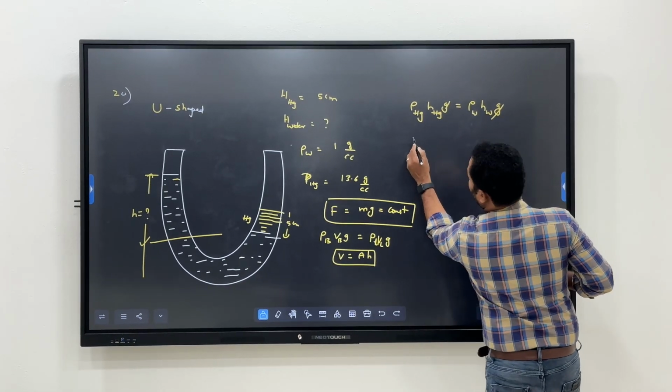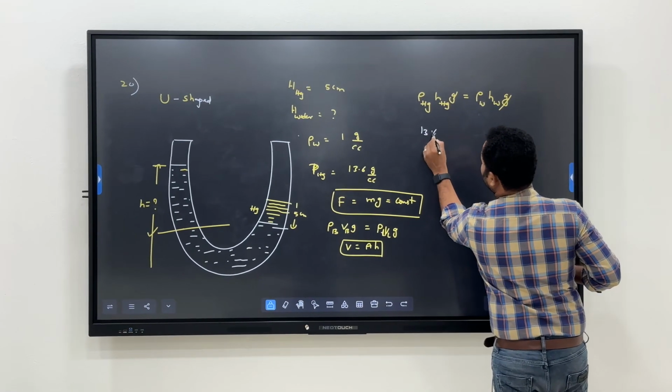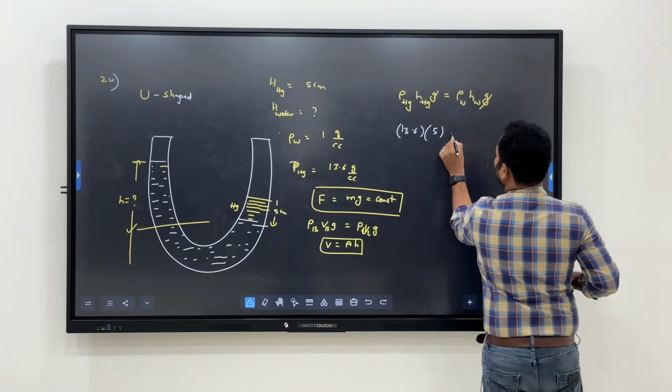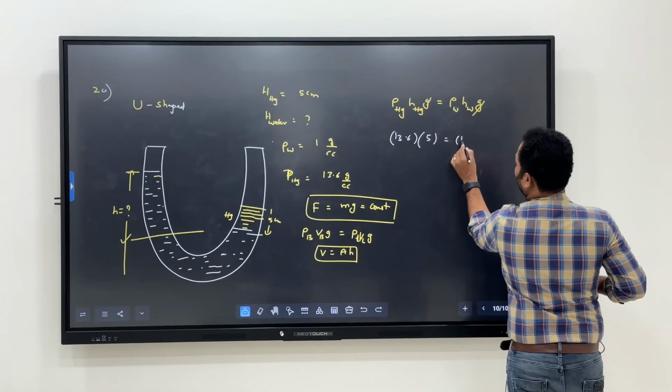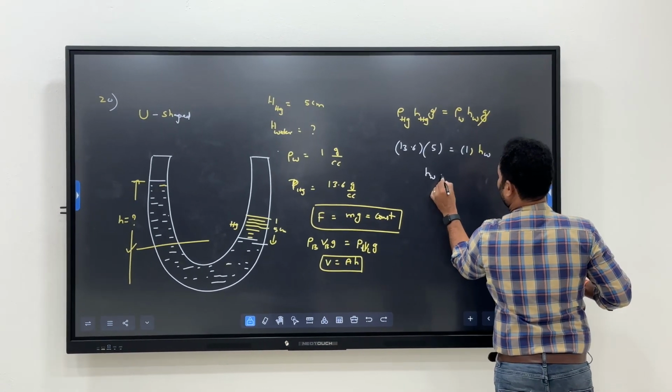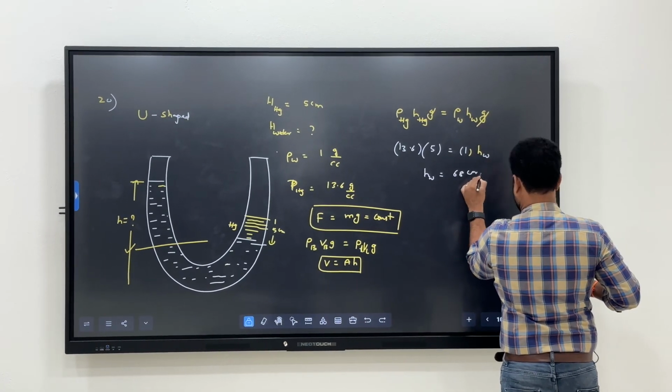So now here we have 13.6 times H mercury, which is 5, equals rho water, which is 1, times H water. H water we need to calculate. H water is equal to 68 centimeter.